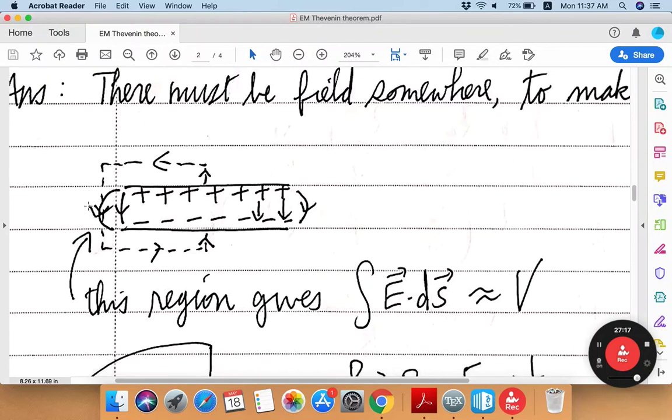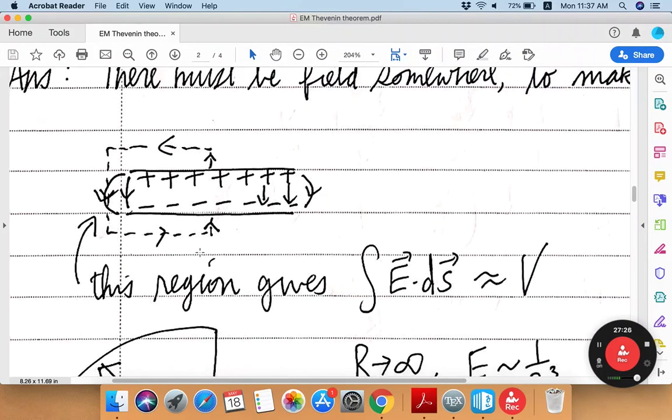Okay? Well, first of all, along this side and along this side, there are two possibilities. Either you have no electric field, because these positive and negative charges tend to create opposite signs and opposite directions of the electric field.